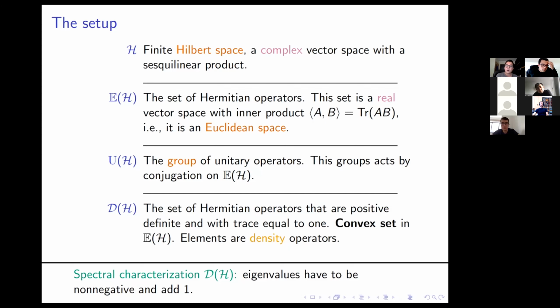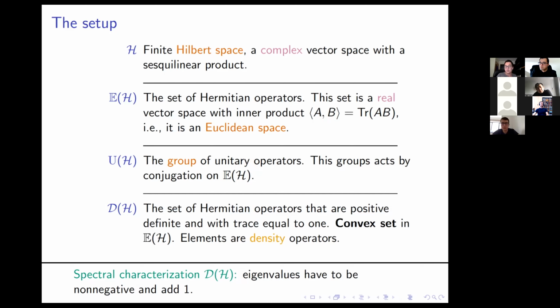And among all of these, we are also going to consider a set of Hermitian operators called density operators. They are called density operators because this is quantum mechanics. You can think of them as probability density functions. By definition, they are Hermitian operators that are positive definite.